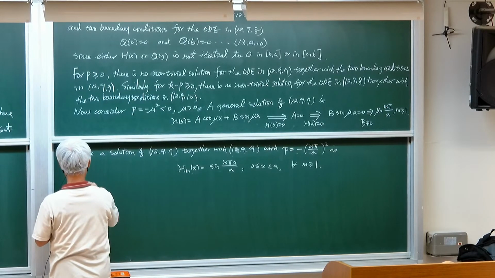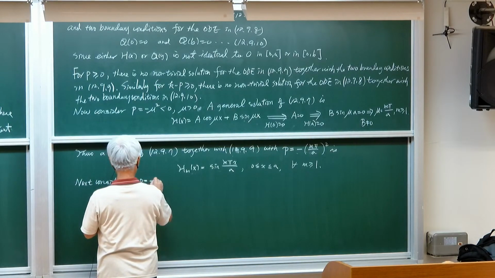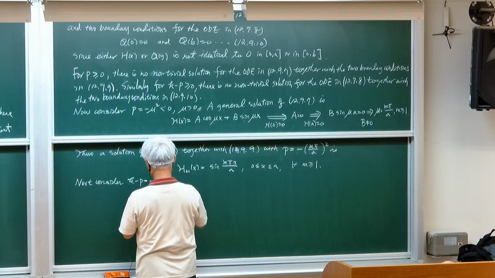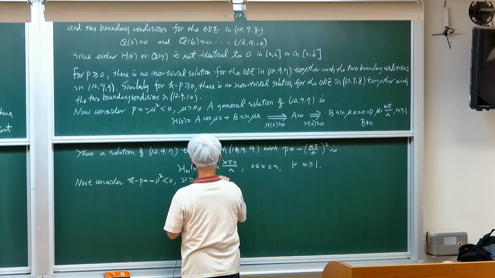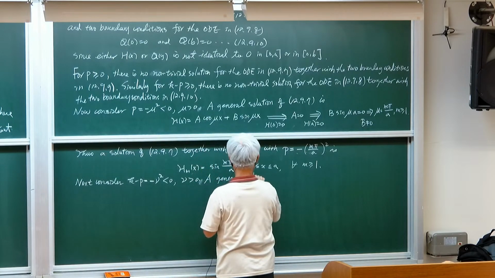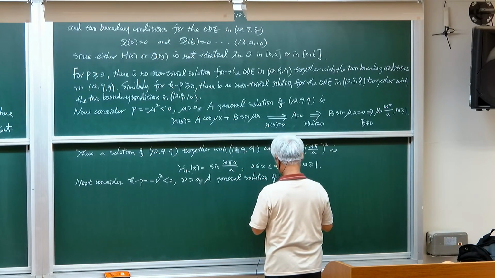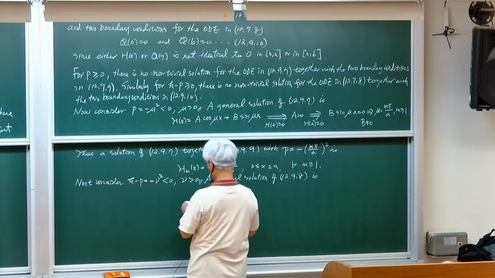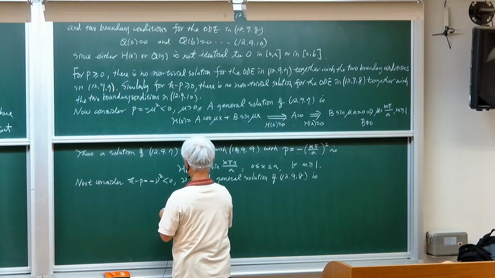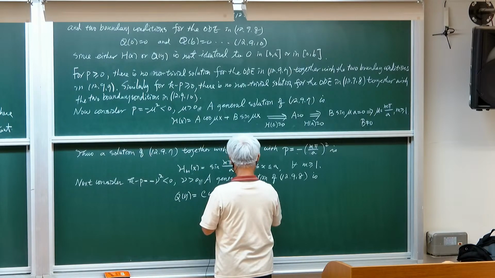And the next, consider k minus p equal to minus nu square, which is negative, nu is positive, and a general solution of 12.9.8 is q of y equal to c cosine nu y plus d sin nu y.